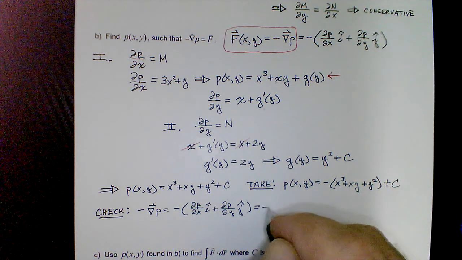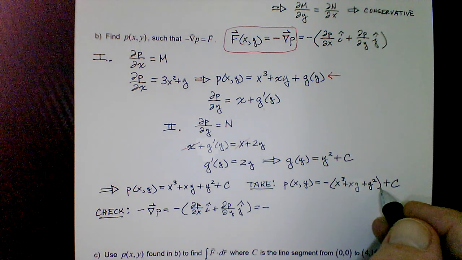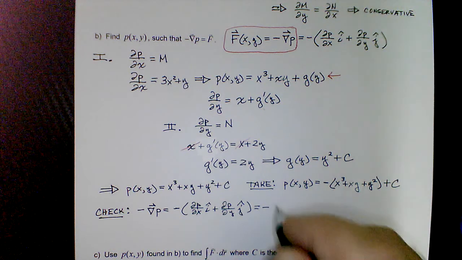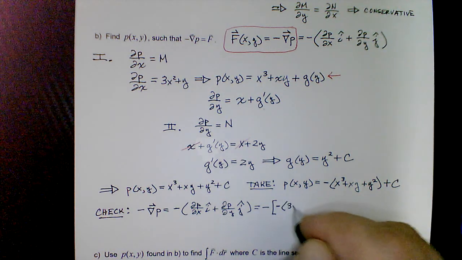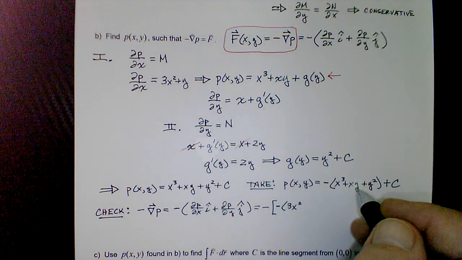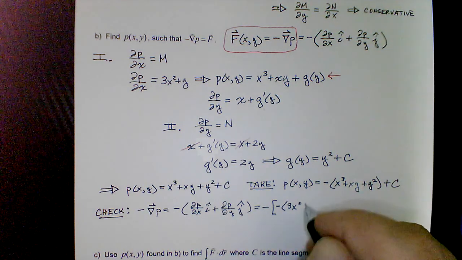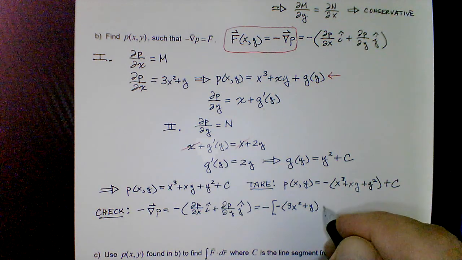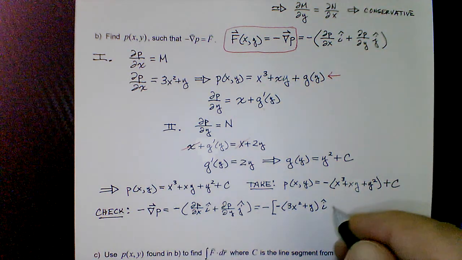And that's equal to minus, okay, here's P of x, y, so the partial P with respect to x would be, let me put brackets here because that's a negative, 3x squared, derivative of xy with respect to x would just be y, and derivative of y squared, y is a constant, so that's 0, so that times i.